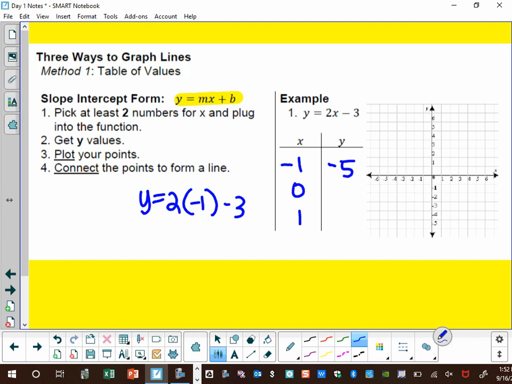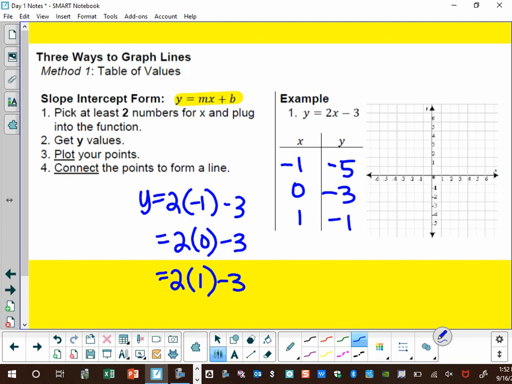Let's do the same thing for my second value, which is 0. 2 times 0 minus 3. What'd you get? -3. And then 2 times 1 minus 3. You should get -1. Do you guys all have these numbers on your paper?